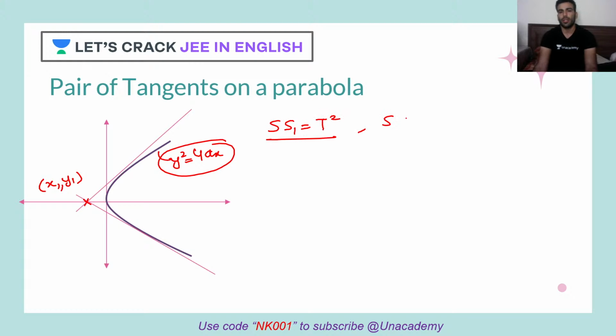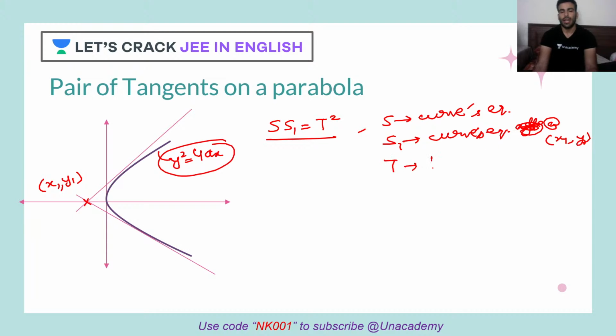Here s is the curve's equation, and s1 is the curve's equation when we satisfy this with the point, after putting the coordinates x1 y1 in the curve's equation, and t is the tangent's equation. So this is your very standard formula, correct?